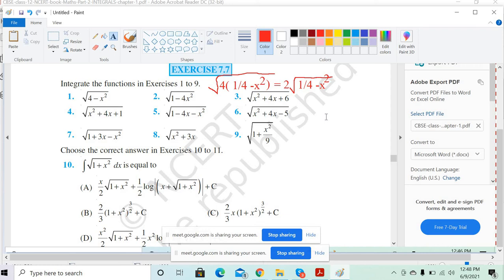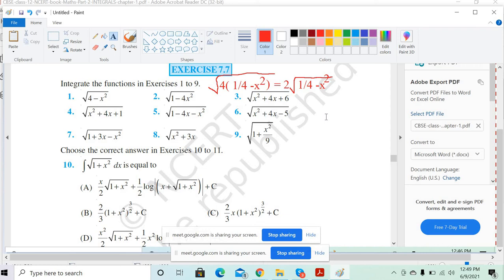Okay, sir. But could I directly change it? How will you change? 4x square into 2x whole square. And then we can take half common, right? Yes, you can take the half common. If we take 4x square as 2x whole square, then we can take one half out.